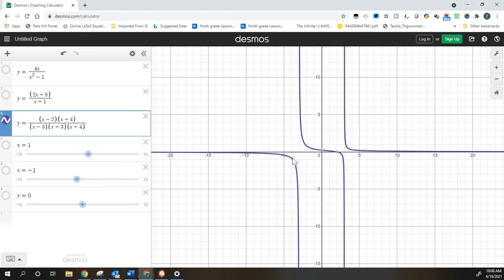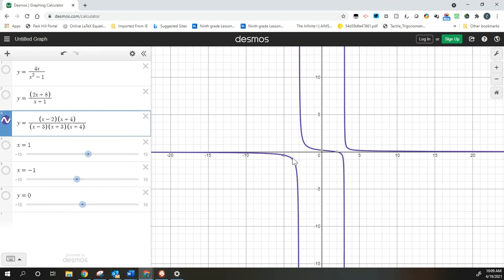So we have negative 4 minus 2 over negative 4 minus 3 times negative 4 plus 3, which would be, what would that be? Negative 6. You got a negative 7 times a negative 1. So it's 6 over 7, and it's negative. So the hole is at negative 6/7, which is somewhere right in here.